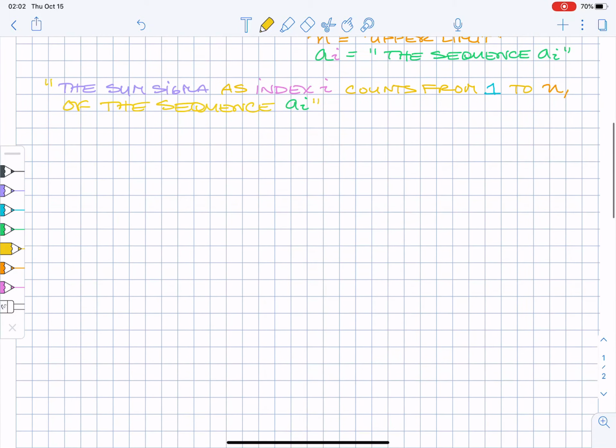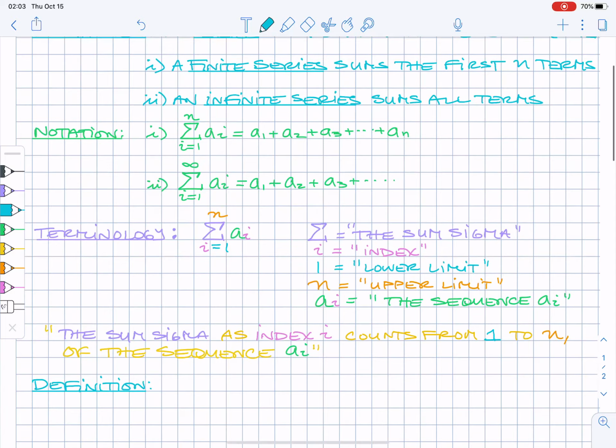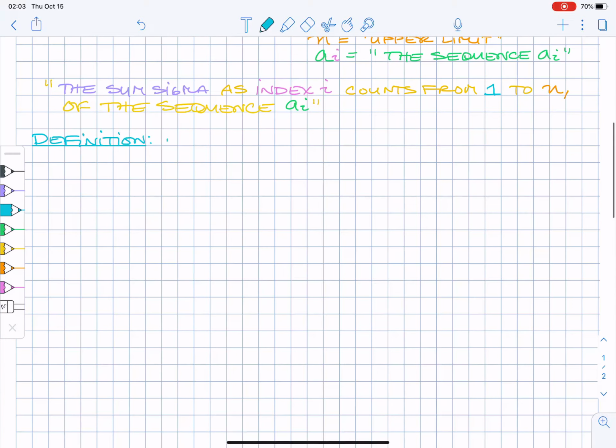Okay, so definition. The nth partial sum, that's what we're defining now.